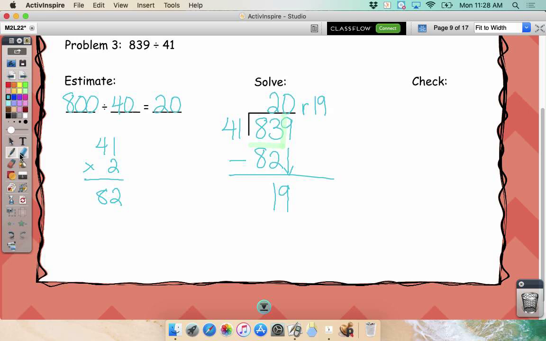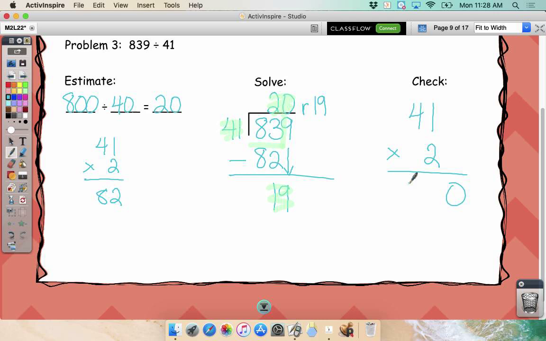And how do I check it? Highlight first. Right, highlight first. Do 41 times 20. What's the easiest way to do 41 times 20? You ready? Take off the 0, put it back on. Yep. So we already know 41 times 2.